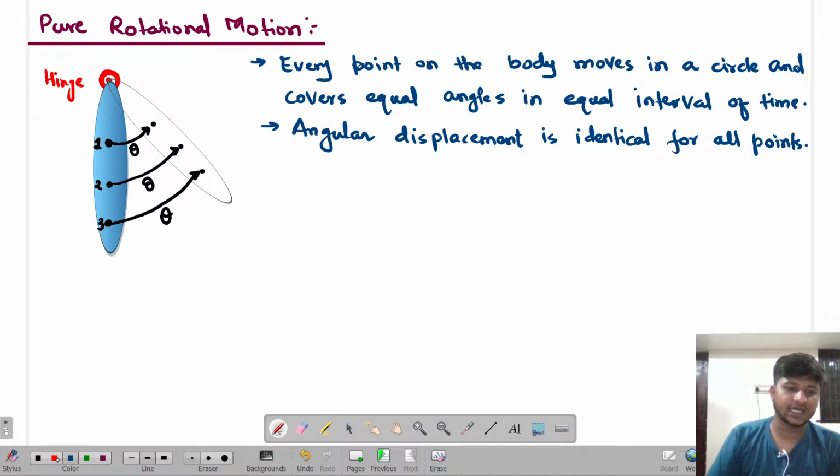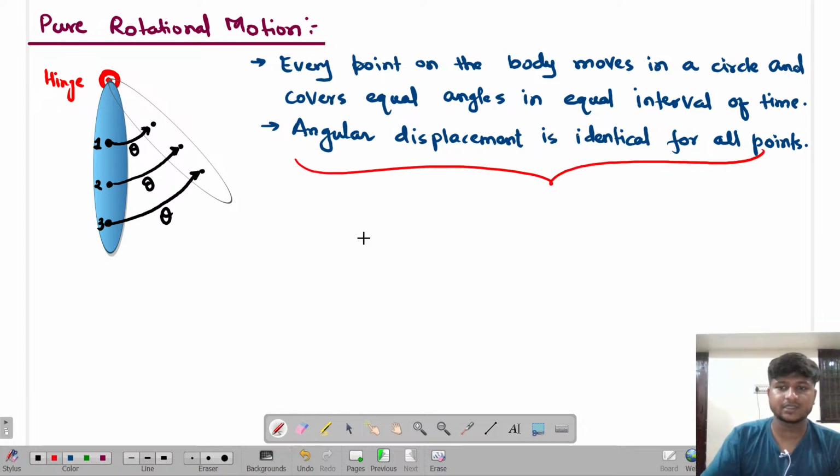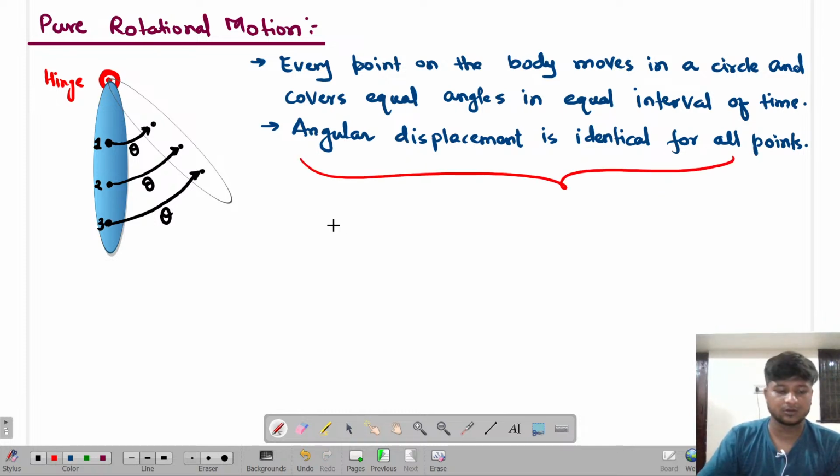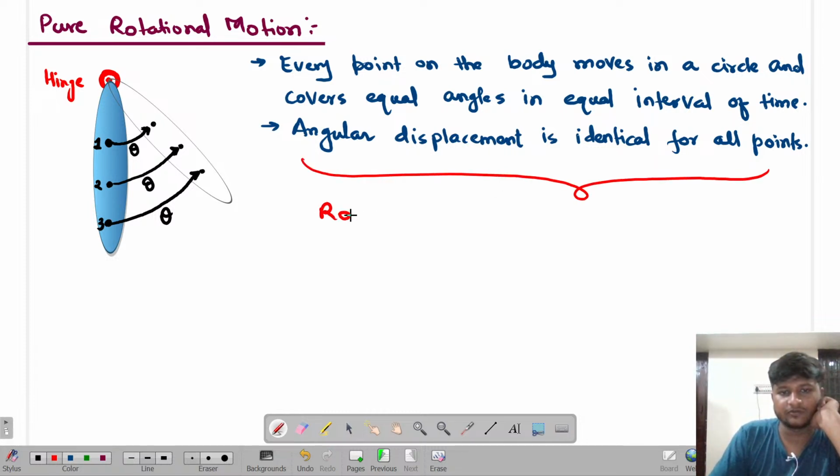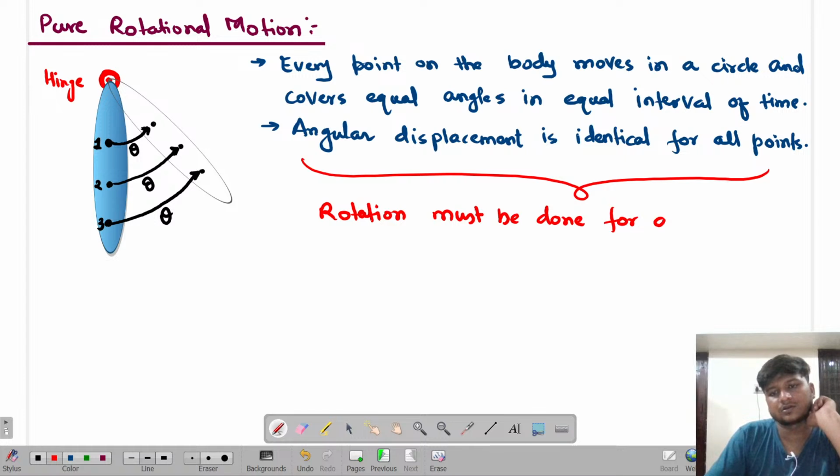But there is an important criterion: this is only possible if the rotation is done about a fixed axis. Are you able to get me or not?